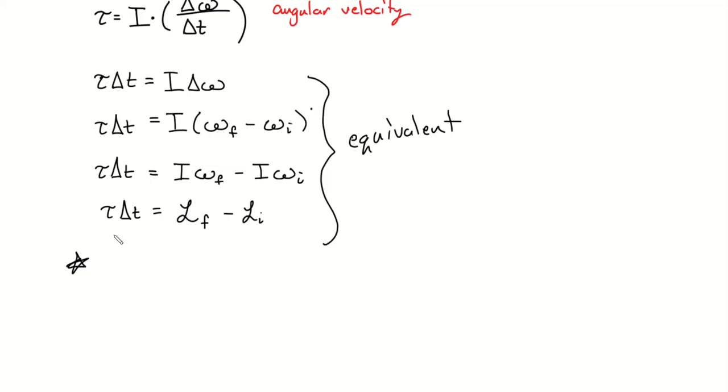When we switch this to the linear version, this is the same as F delta t equals rho final minus rho initial, and we called that the impulse momentum theorem, right? This is the same thing. We just switched it. Instead of linear, we're doing it how? Angular. Check it out. This is our angular impulse momentum theorem.